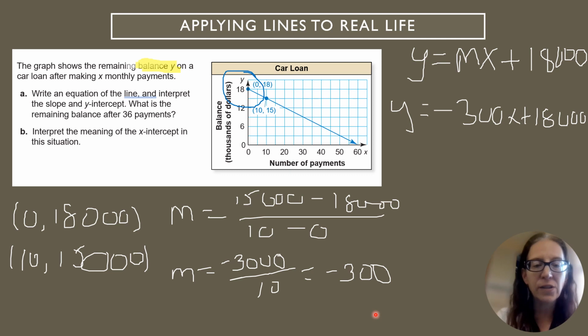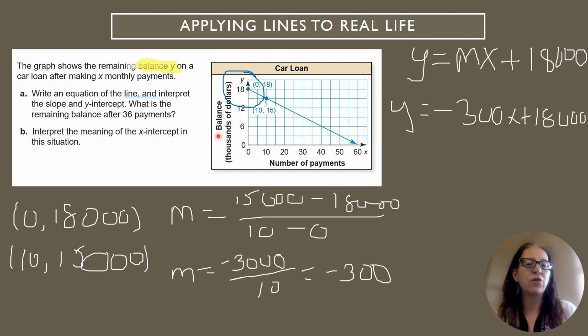The next question is, what does the y-intercept mean? So pause the video, give yourself a hot second to think about that, and then unpause it. Right? The y-intercept is right here. And in this case, again, a ton of different ways you could say the same thing. So you don't want to be using the exact same words as your neighbor. But it's the beginning amount of the loan.